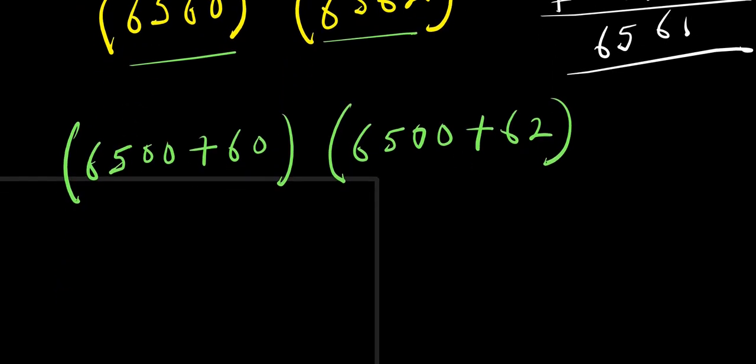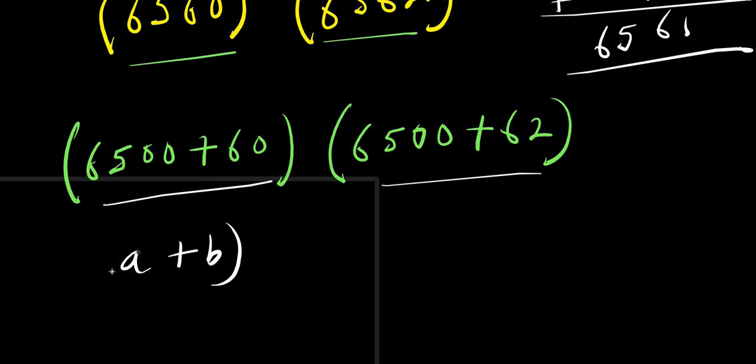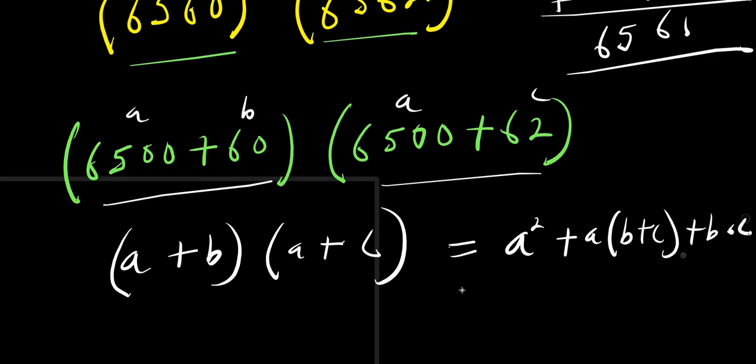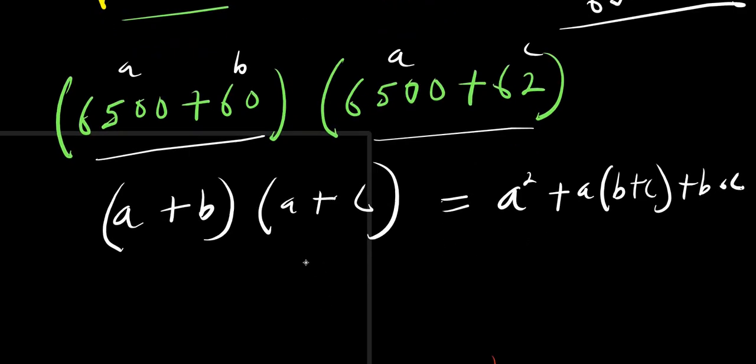So right now, this and this is in the form of a plus b times a plus c. This is our a, this is b, this is a, this is c. So if you have something like this, you simply have a squared plus a times b plus c, plus b times c. So this is how you are going to expand it.